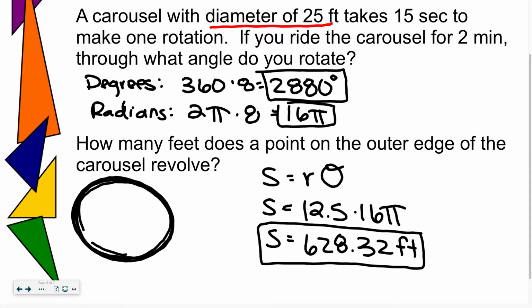No. So in the context of this problem where we're talking about a carousel and a person riding on the outer limits, that's why I went straight to the decimal. On that other one where there's no meaning to it, where it just said find the arc length and find the area sector, I think on that one it doesn't matter. I would accept 200 pi feet. It's not wrong. But when you think about it, if you ask somebody how far they had traveled on the edge of that carousel, they probably want a decimal answer, right?